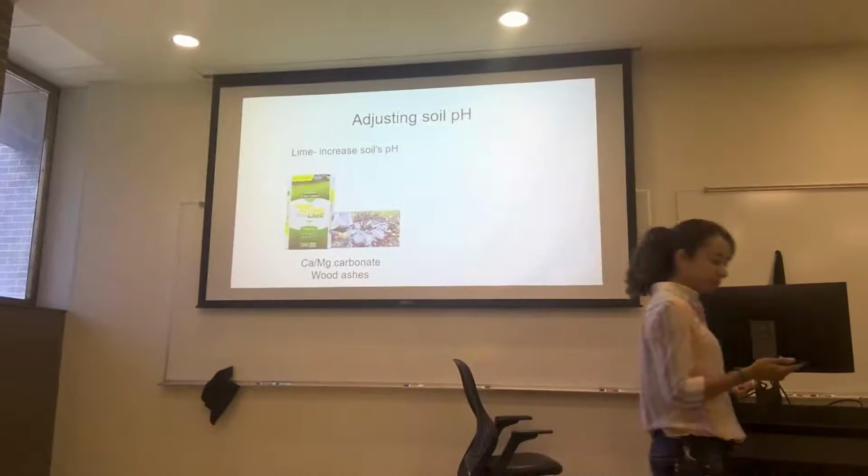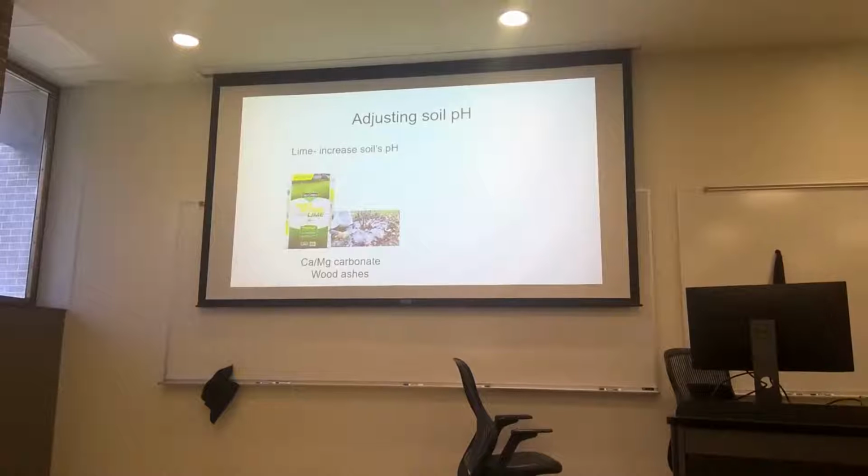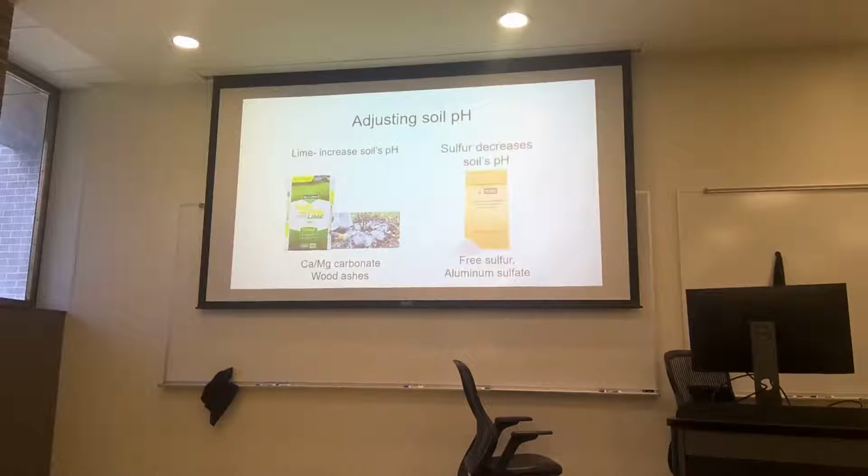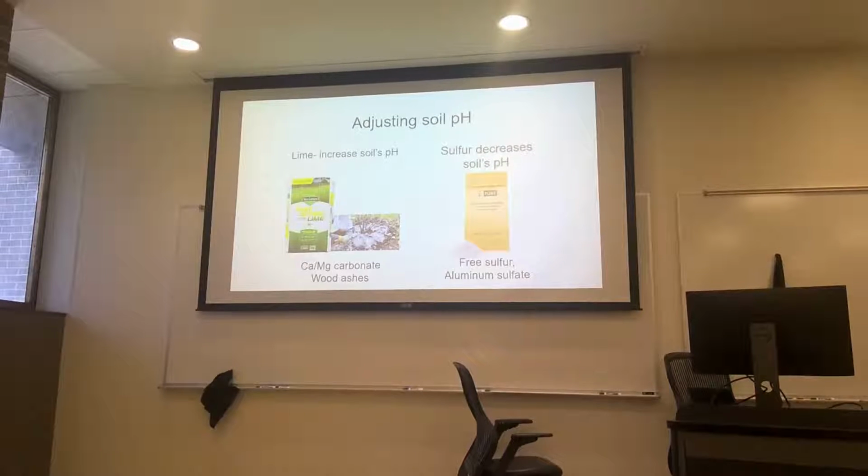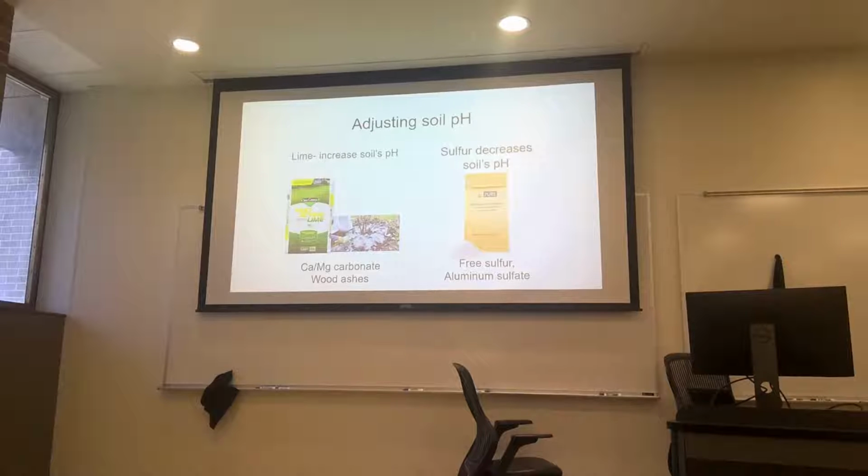If you need to decrease the pH of your soil because it's too high, then you have things that are sulfurs or aluminum. Pretty much it says soil acidifier.